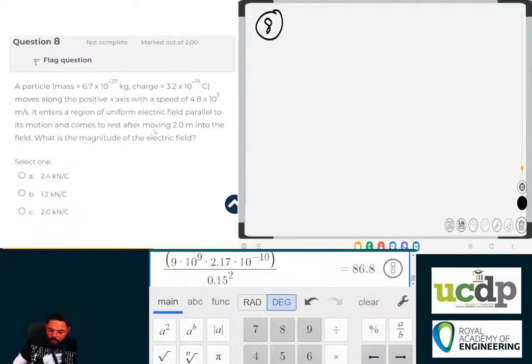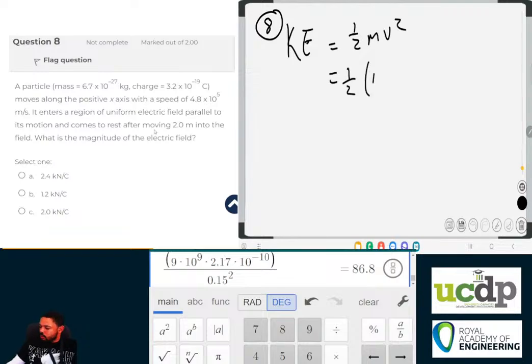Now, first let's calculate the kinetic energy of this particle. A half mv squared. If we were to work out the kinetic energy, we'd have a half, its mass is given as 6.7 times 10 to the negative 27, its velocity is 4.8 times 10 to the 5.